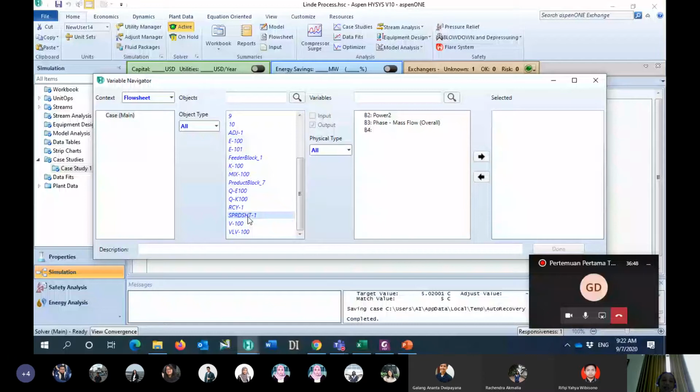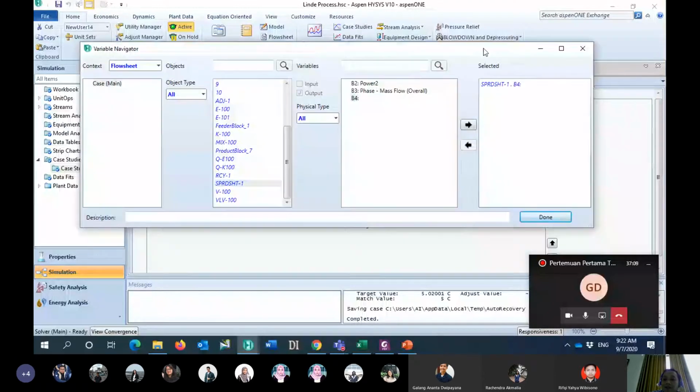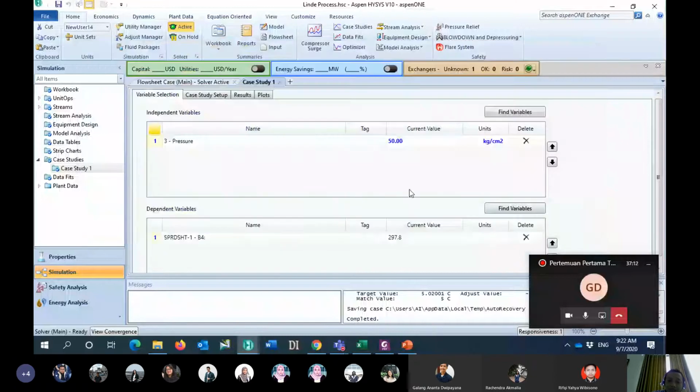Then select the cell for the HPHP calculation, which is cell B4, and click done. So I will have one independent variable and one dependent variable.